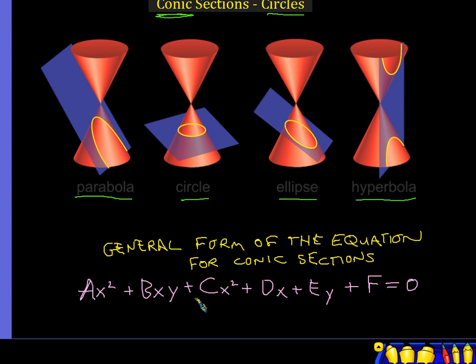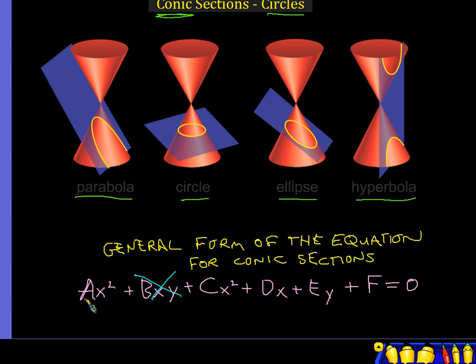Now, it turns out in Algebra 2 class, we're not too concerned about this bxy term. That term is for an ellipse that's at an angle, at a diagonal, or a hyperbola at a diagonal, or a parabola at a diagonal. We're mainly concerned about parabolas that go up and down and maybe side to side. And for today, for the discussion of circles, we're definitely not concerned with the b term at all. So b is just 0.